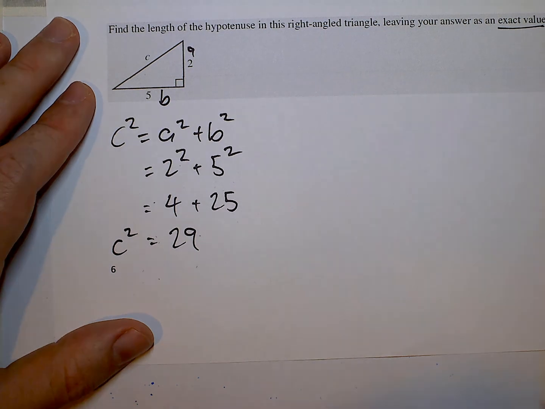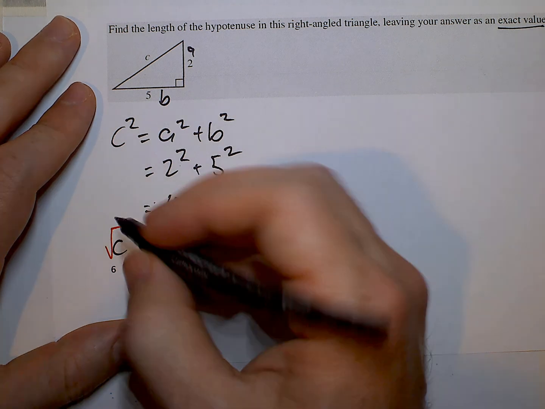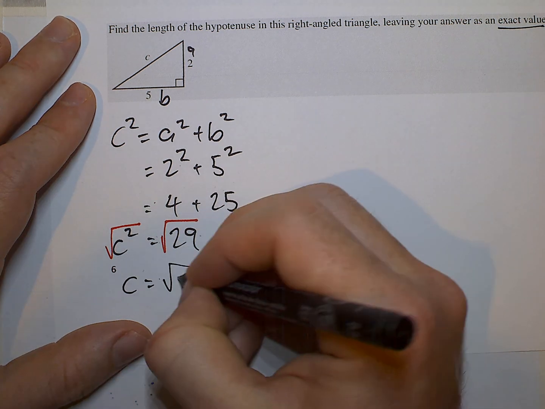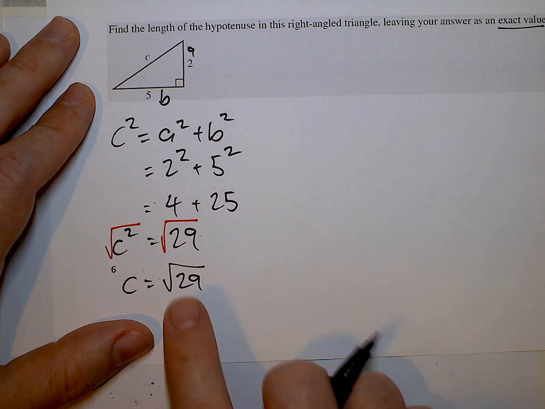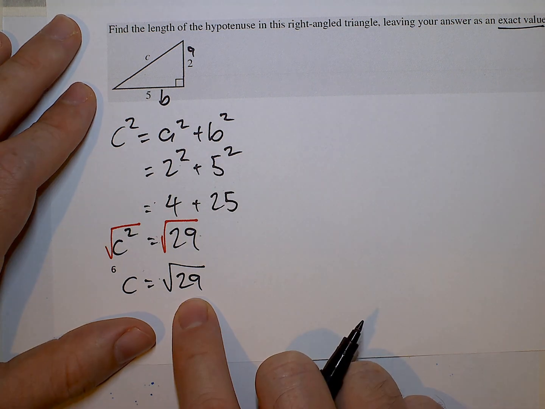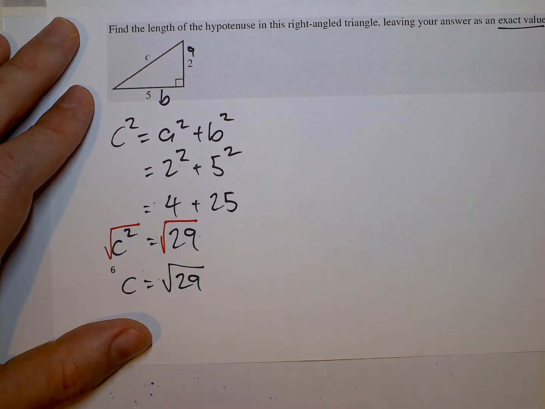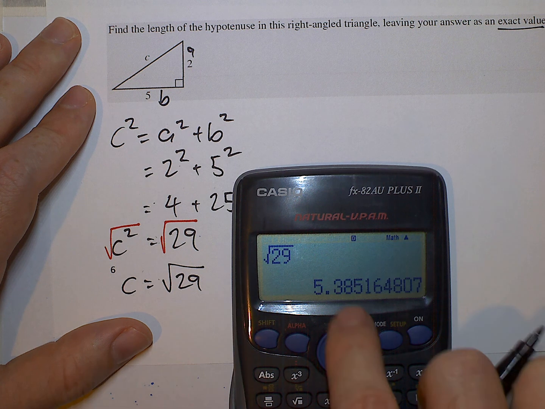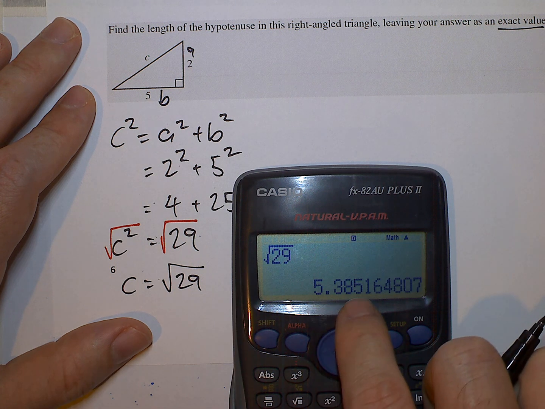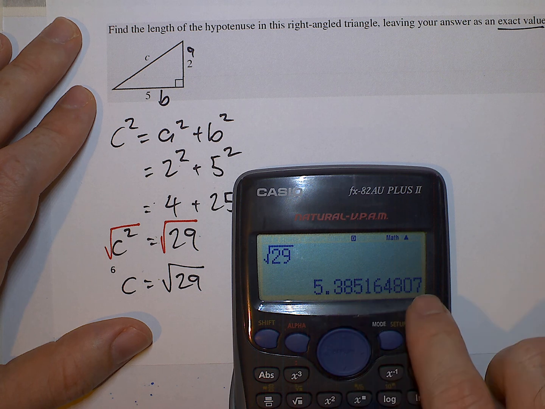Now, if we want to find out C, we square root both sides. This will give us C equals the square root of 29. Now, you do not want to change that answer. That is your answer. It might seem incomplete, but that is an exact value. If we were to put that in our calculator, square root of 29, and it was 5, and we rounded it to 2 decimal places, that would round up to 5.39, and then the rest of this would be cut off.